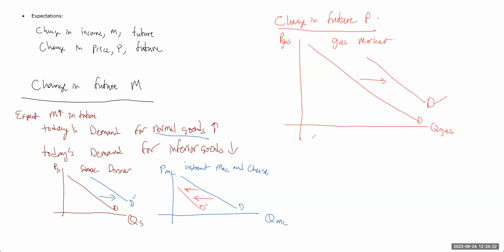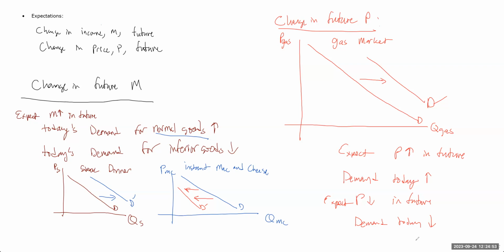So if we expect price to increase in future, demand today increases. If we expect the price to decrease in future, demand today will fall, right?